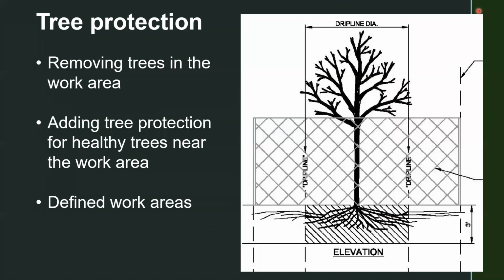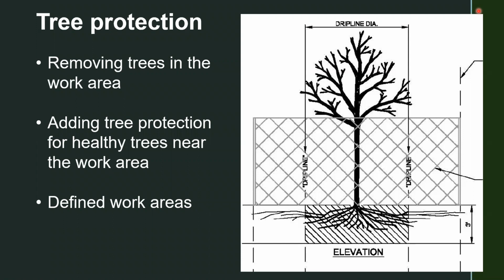For the trees that are not directly in the work area, the City of Bellevue does, in my opinion, a fantastic job of requiring all development to protect trees whenever it's possible. The drawing that you see here is a stylized drawing of what the tree protection zone would look like.